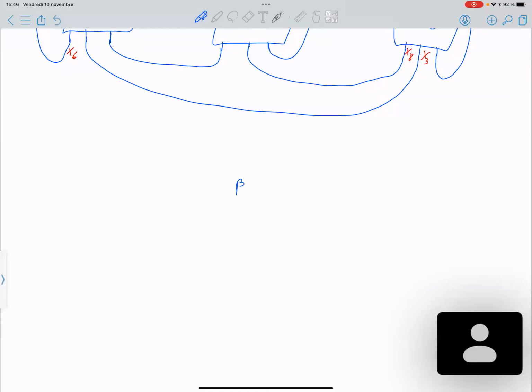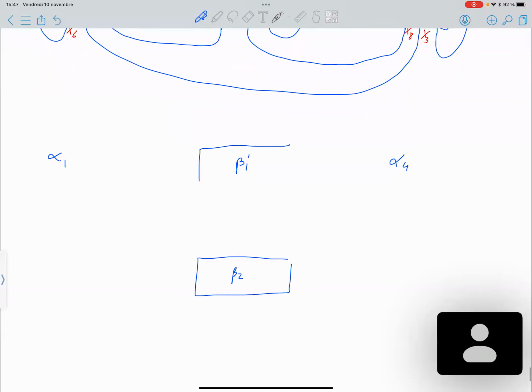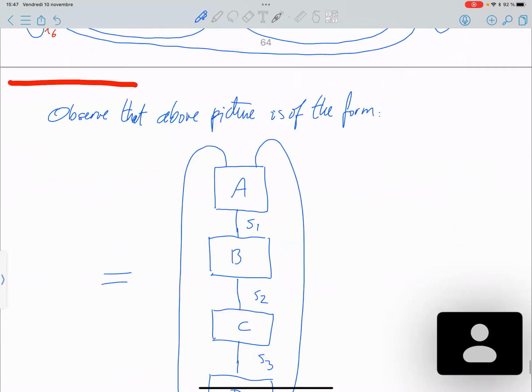Beta 1 prime, beta 2, alpha 4, alpha 1. And remember, in the definition of the trace, you have a pivotal structure, which cancels with, as I said, this one.